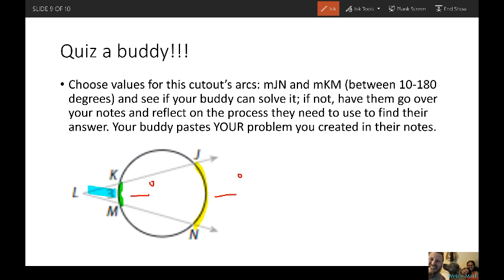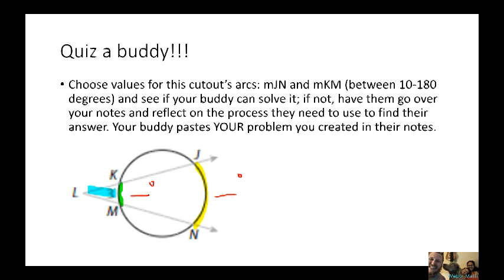Create a problem, give it to the person right next to you, and see if they can solve it. If they can't, go through their notes with them, discuss the process they need, solve it, and then come see me. Work together, and see if your buddy can figure it out first on their own. If not, then work with them, look over the notes and talk about it.